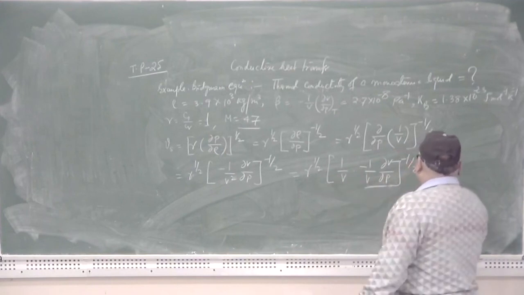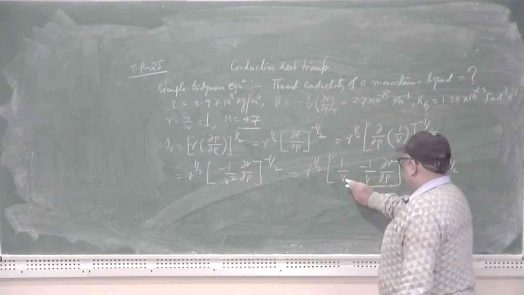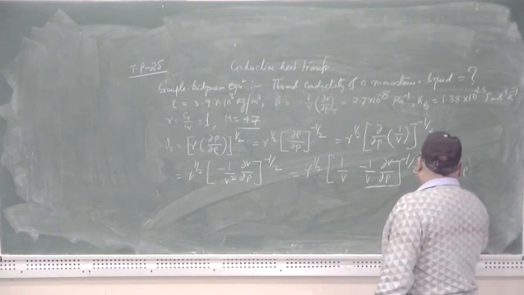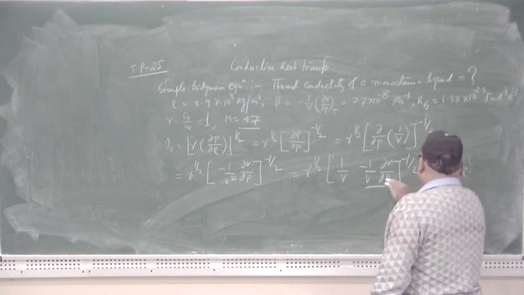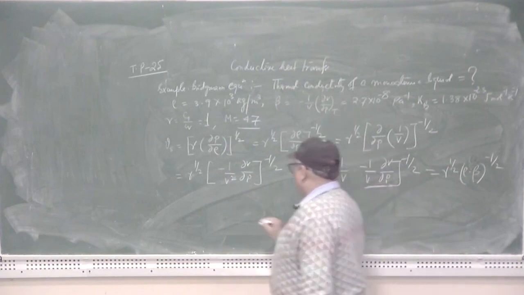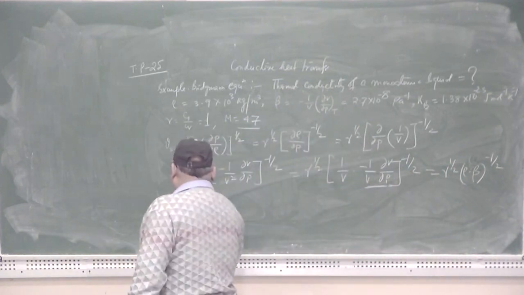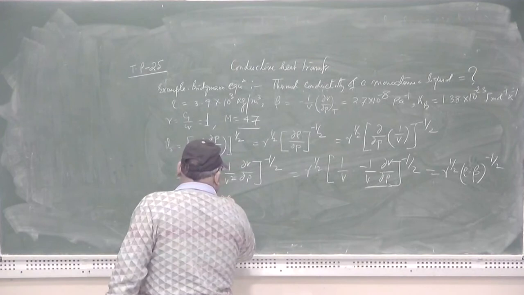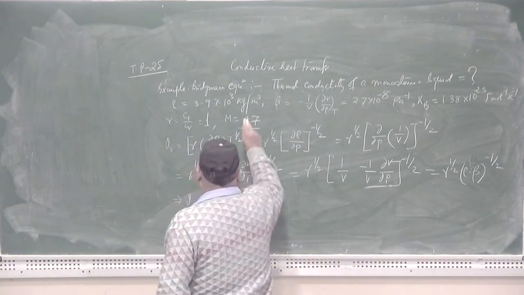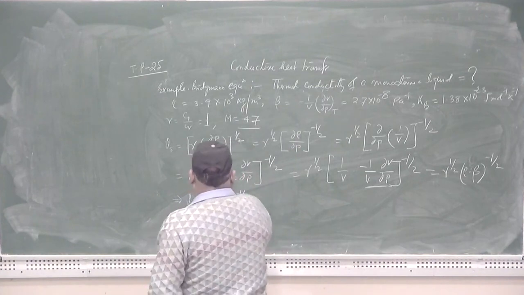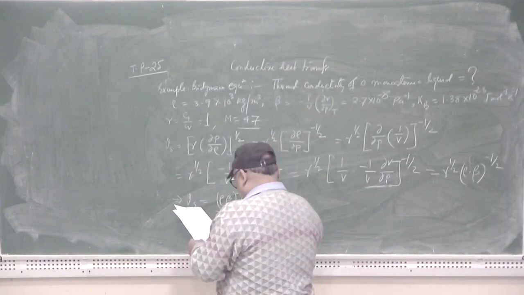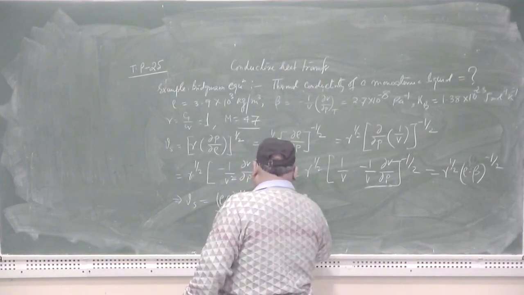So this is the rho, and into this quantity is the beta. As the value of gamma is equal to 1, Vs can be accordingly written as rho beta raised to the power minus half. Putting all the values from here, you can easily determine the quantity Vs. Through calculation you will find this value will be 97 meters per second.